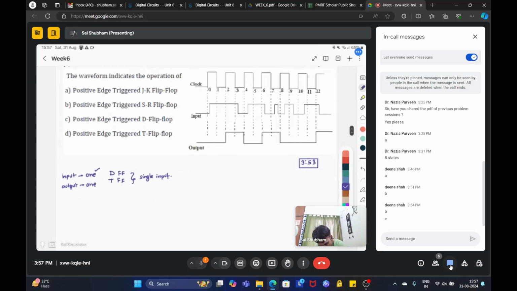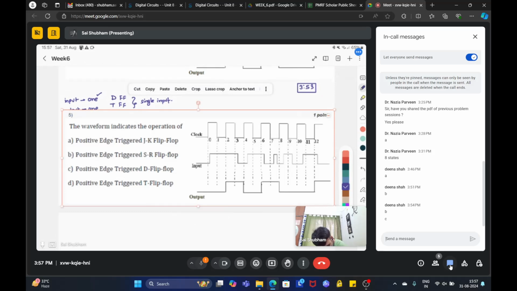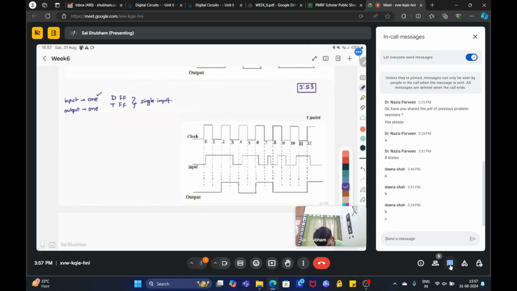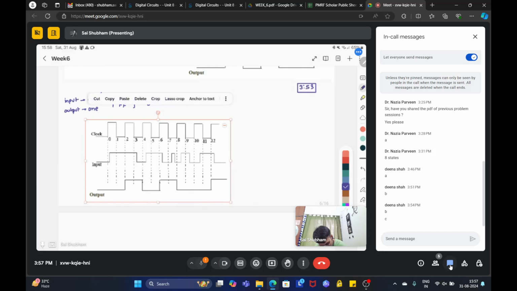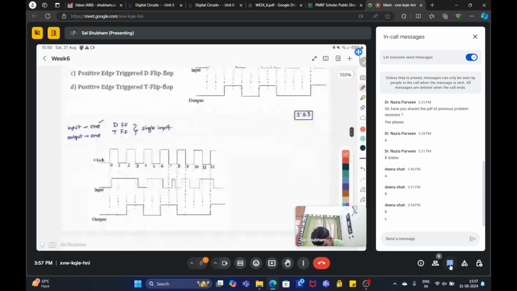So let's look. In the option, it says positive edge trigger.